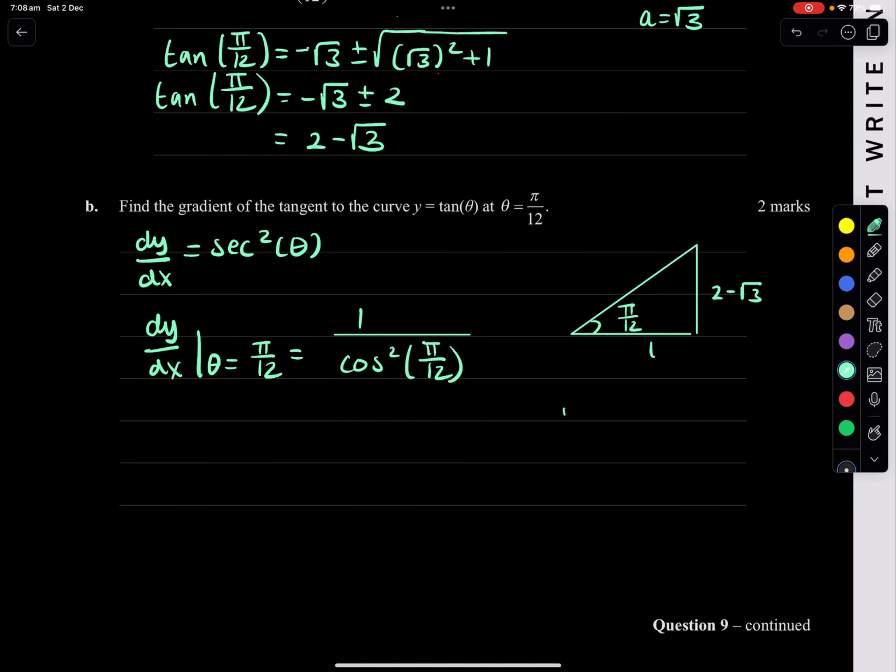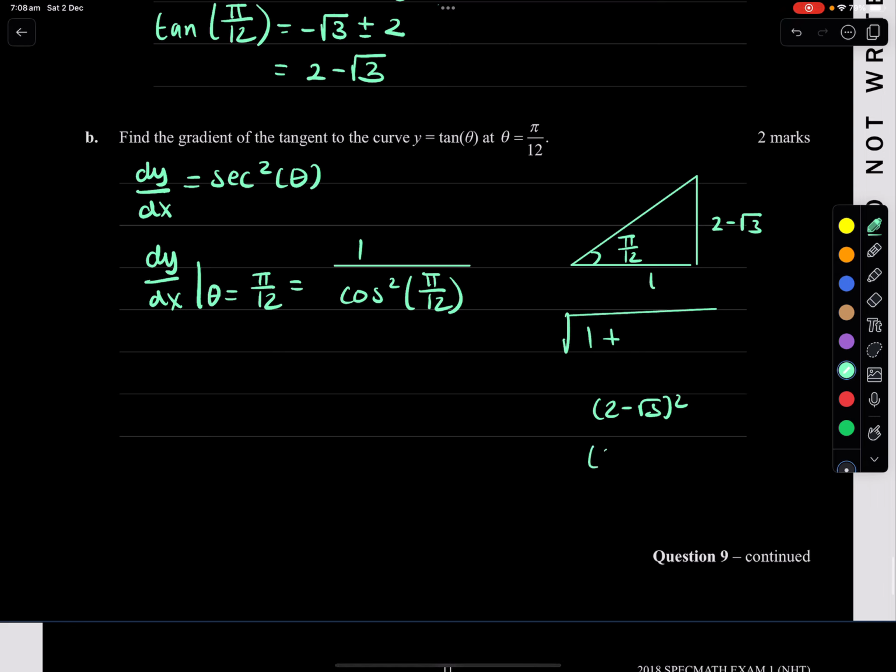Using Pythagoras' theorem, it's going to be the square root of 1 squared, which is 1, plus 2 minus root 3 squared. That's 4 minus 4 root 3 plus 3, which is 7 minus 4 root 3.